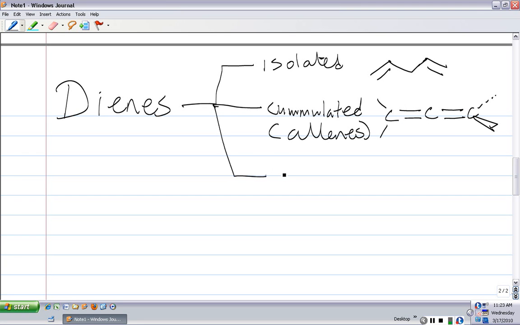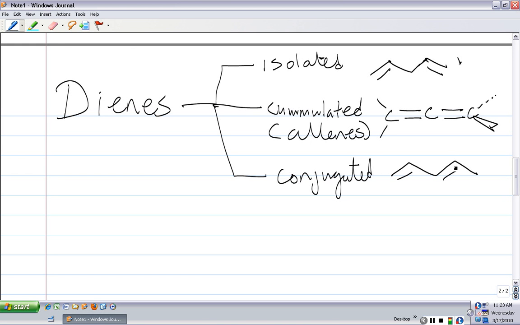The last class is the conjugated diene. And the conjugated dienes are those species in which the proximal vinylic carbons are separated by only one sigma bond. So in fact, one of the better ways of doing it would be to say, isolated, the proximal vinylic carbons are separated by at least two sigma bonds.